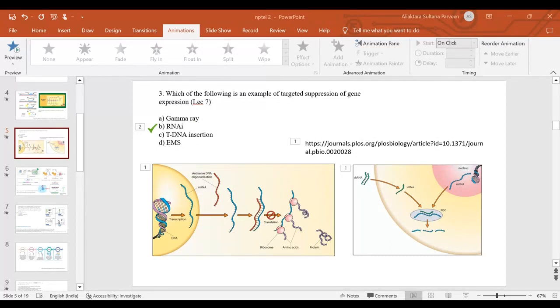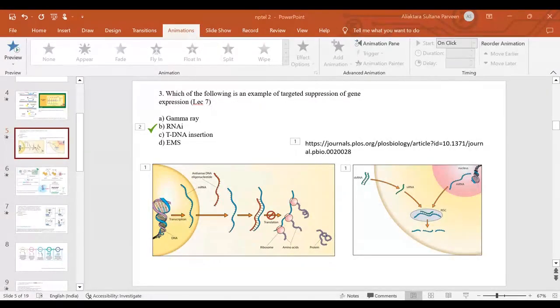But the problem with gamma radiation is that it can go randomly anywhere in the bases and cause that break. So it's not specific to anything. Suppose you want to target your gene X, you cannot do it because it is unbiased. It can go randomly and do the job. So this is definitely not targeted.